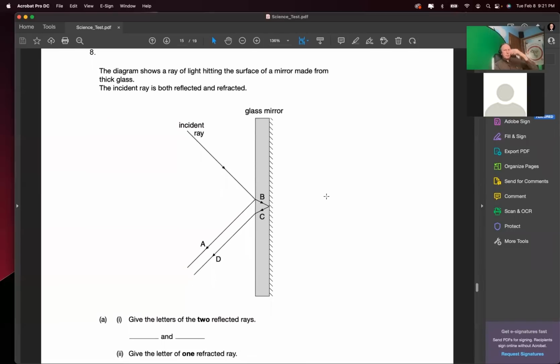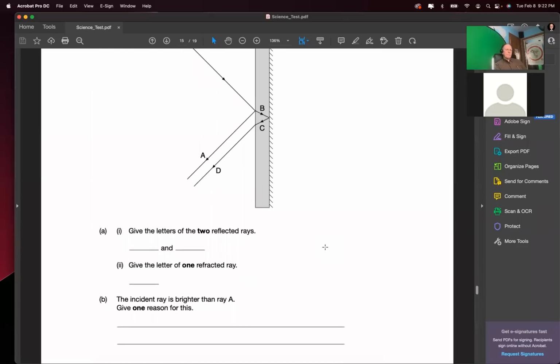The diagram below shows a ray of light hitting the surface of a mirror made of thick glass. The incident ray is both reflected and refracted, which means that it is, here's the incident ray. It hits the glass, and then it reflects. And then it also enters the glass and refracts.